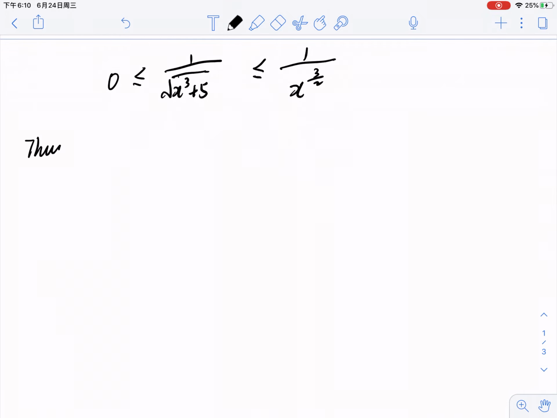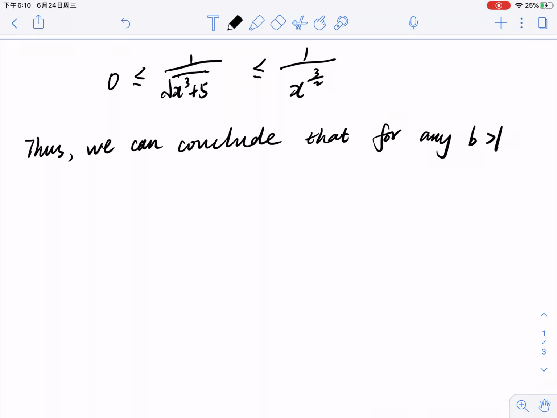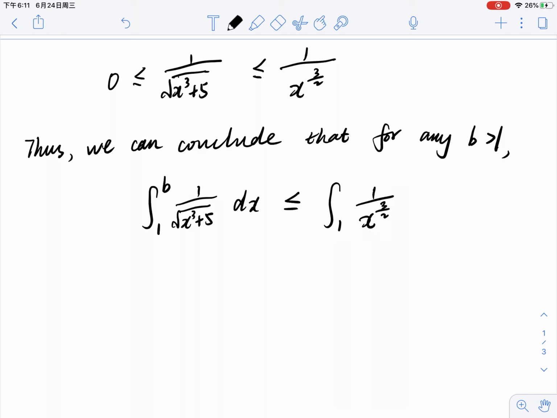So from here, we can conclude that for any b greater than 1, the integral of 1 over the square root of x cubed plus 5, from 1 to b, dx is less than or equal to the integral of 1 over x to the power 3 over 2, from 1 to b, and this is greater than or equal to 0.